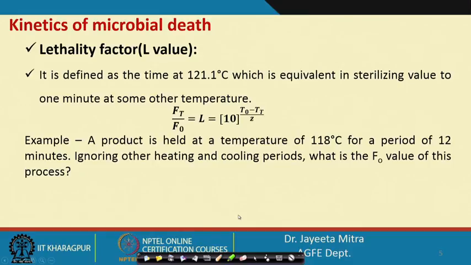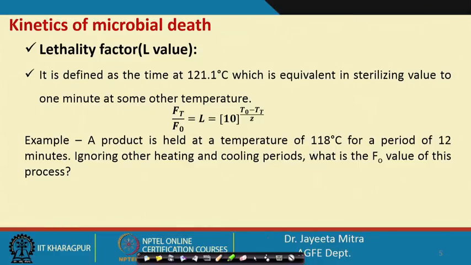So, an example: a product is held at a temperature of 118 degrees Celsius for a period of 12 minutes. Ignoring other heating and cooling periods, what is the F0 value of this process? Considering held at a temperature, that means this is only the holding time.